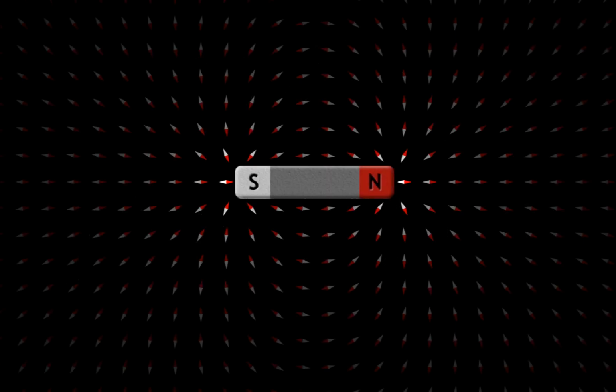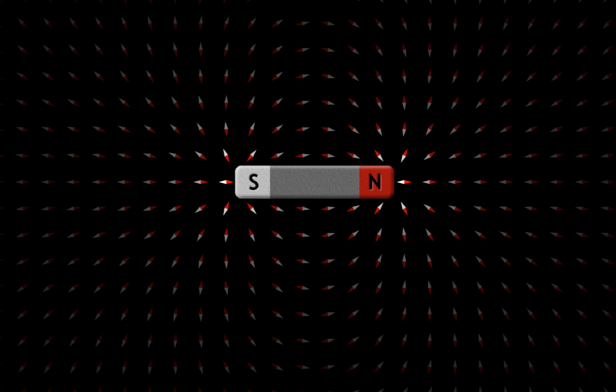Here I have the now familiar representation of a bar magnet in space. And in this region of space, I have a very, very large number of compass needles that are indicating not only the direction of the magnetic field at that particular point in space, but also sort of relative magnitude.